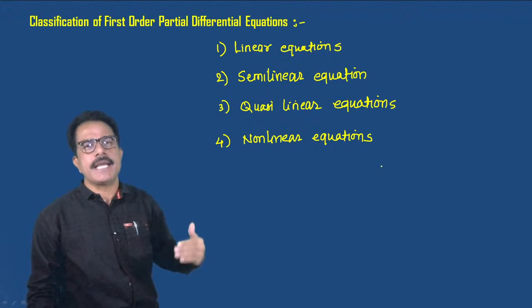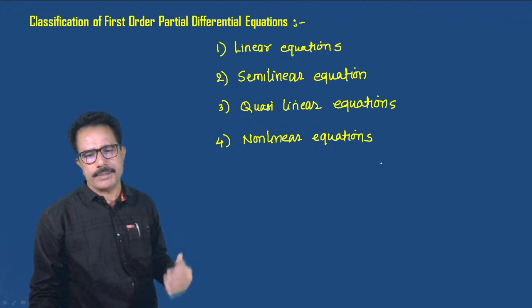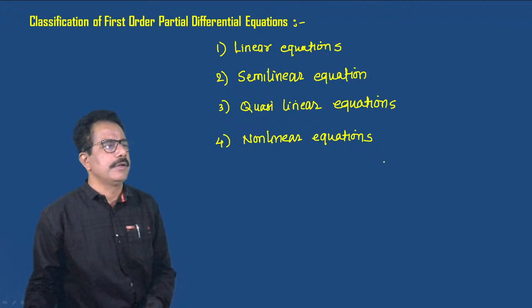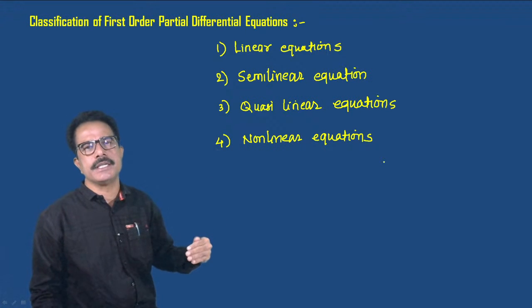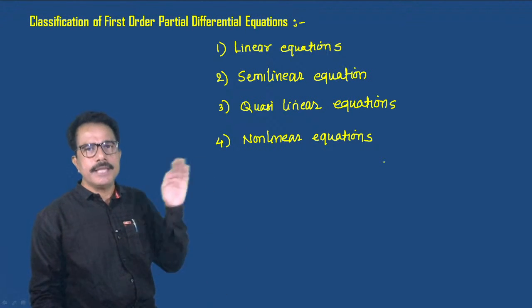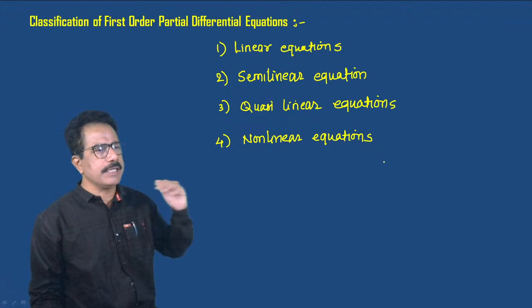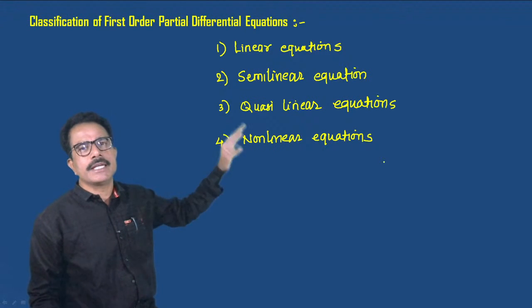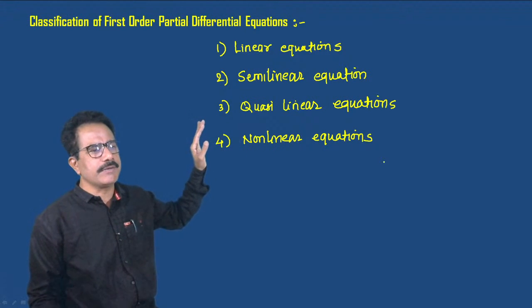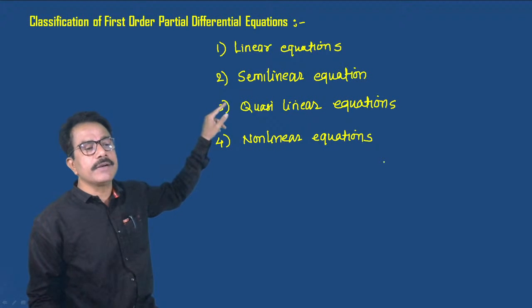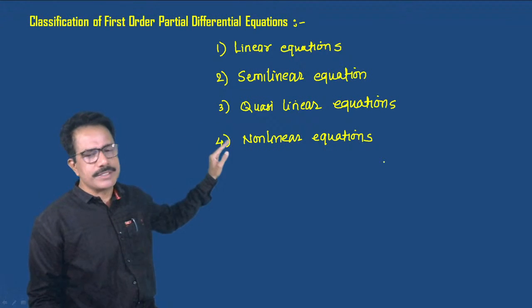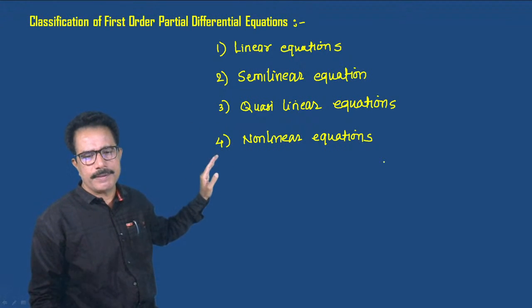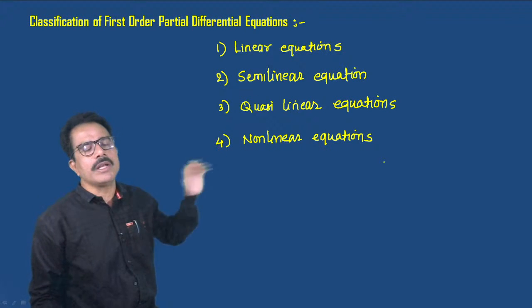There are different types of partial differential equations, but we shall discuss only the first order partial differential equation. In the first order partial differential equation, we can classify the equations into linear equations, semilinear equations, quasi-linear equations and non-linear equations.